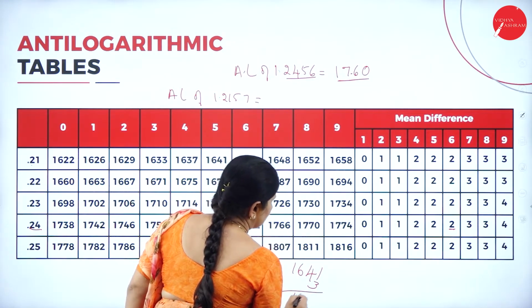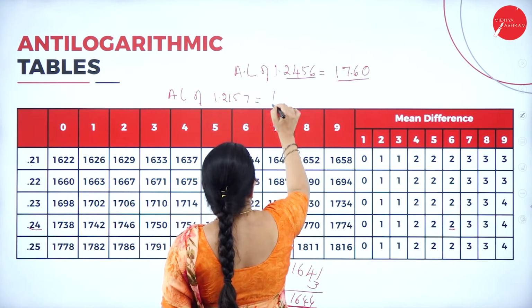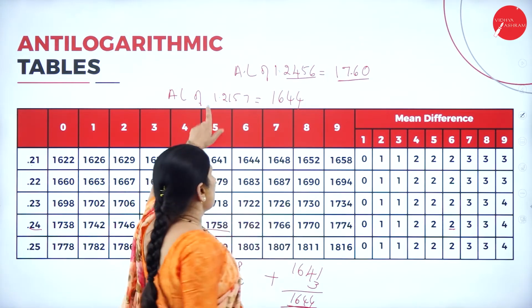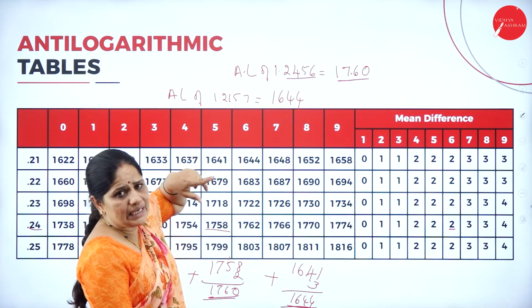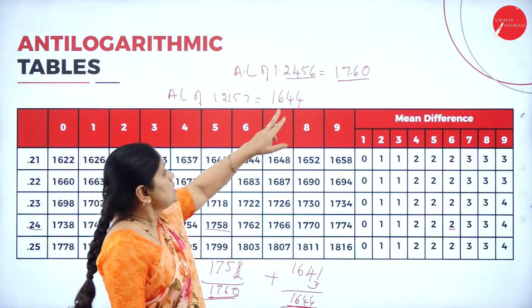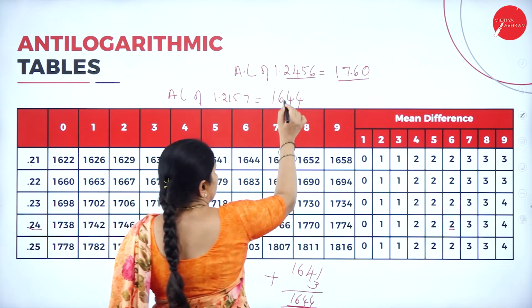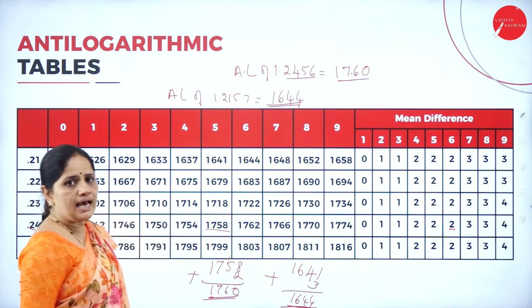So, 1644. Now, there is 1 written in the characteristic. I will add 1 to the characteristic and I get 2. So, after 2 digits, I will put the decimal point: 16.44. So, this is the answer.